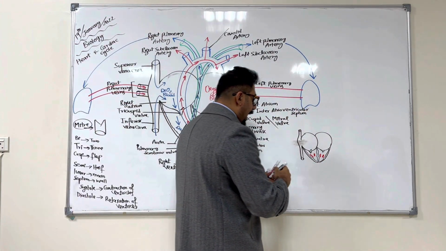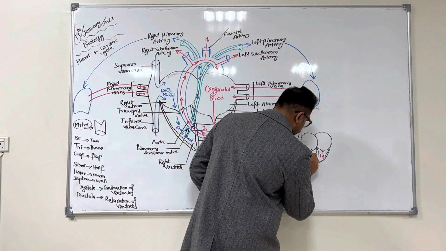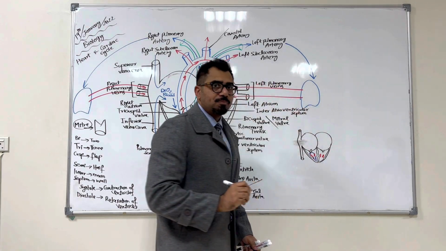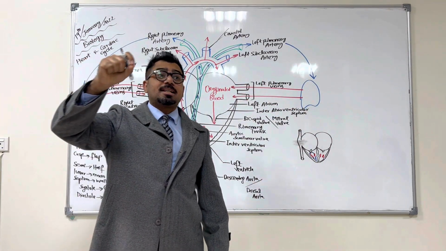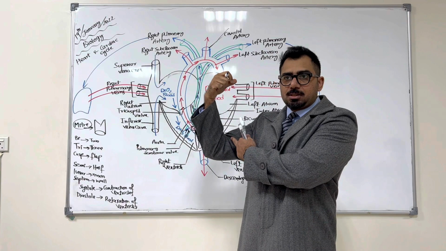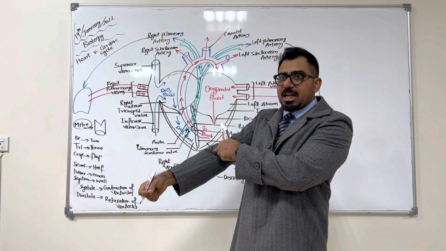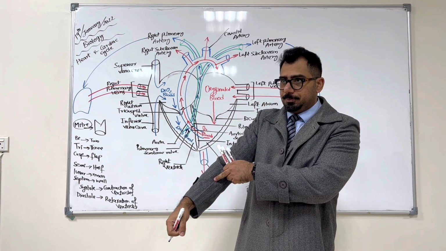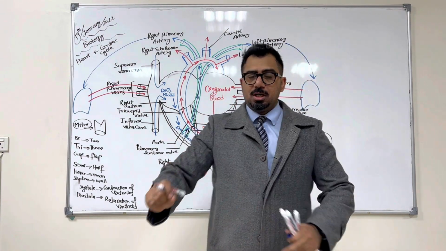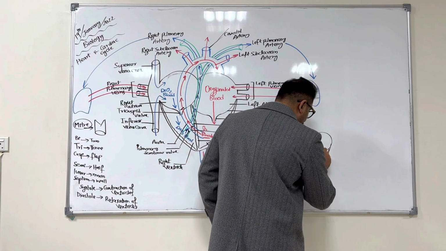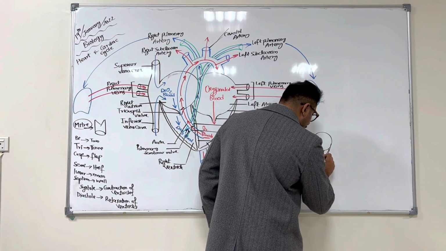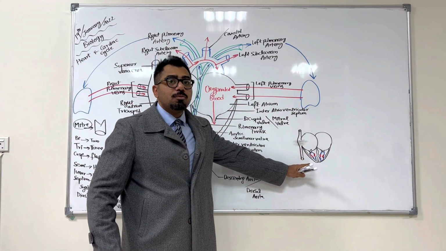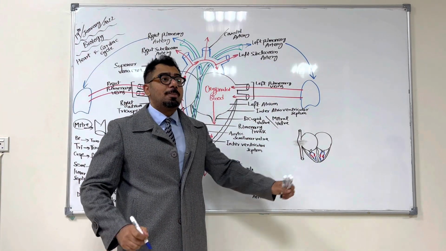And with the blue color, I am going to show the tendons. Now remember one thing, whenever muscles attach to another structure, they always attach with the help of a tendon. I have this bicep, it is attached with my radius, right? It is attached with the help of a tendon, a rope-like structure which is made up of proteins. So this is a muscle and they are attached with the flaps and with the wall of the heart with the help of tendons.